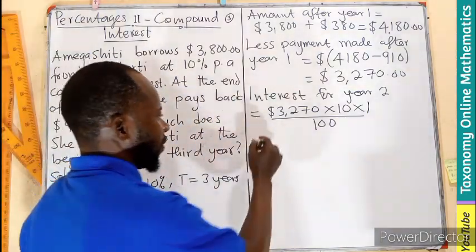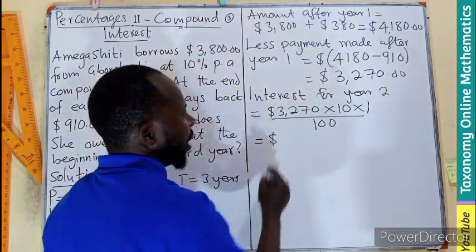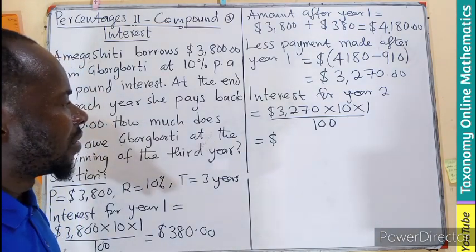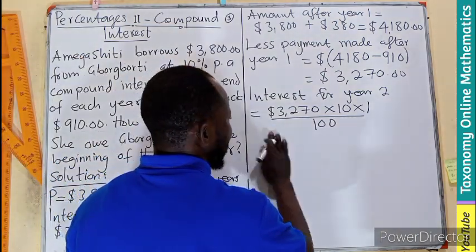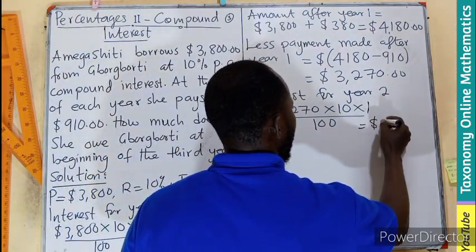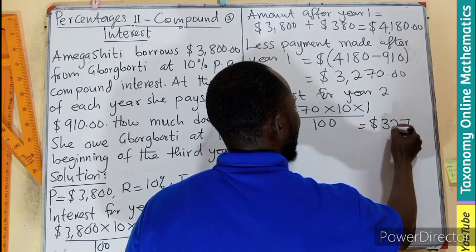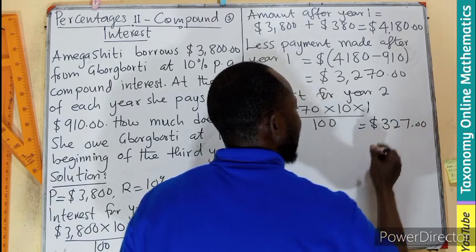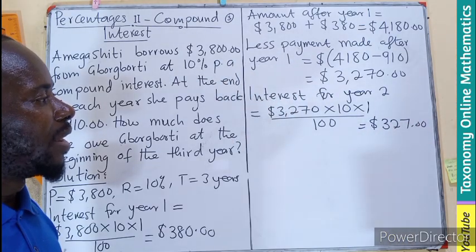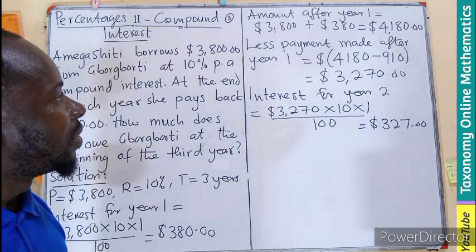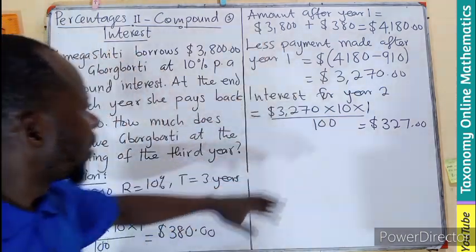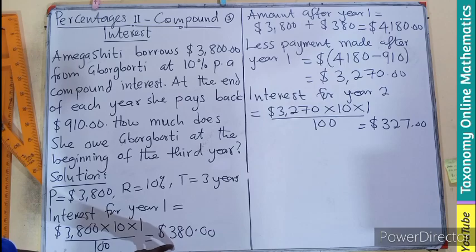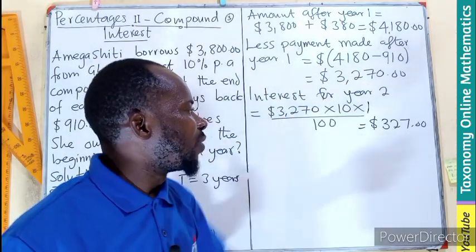So this will accumulate an interest of 327, which is also, let's say, the first interest, because of the down payment that has reduced it.